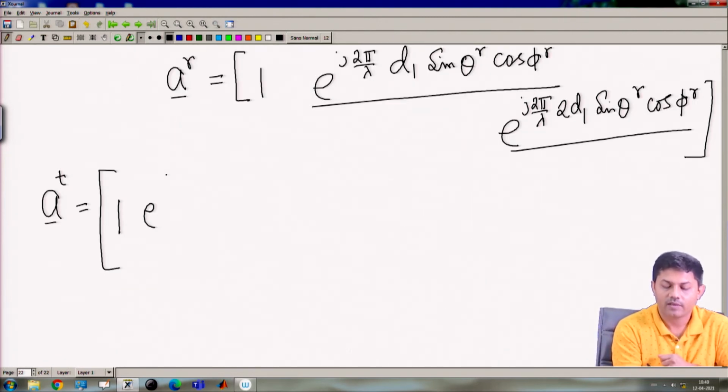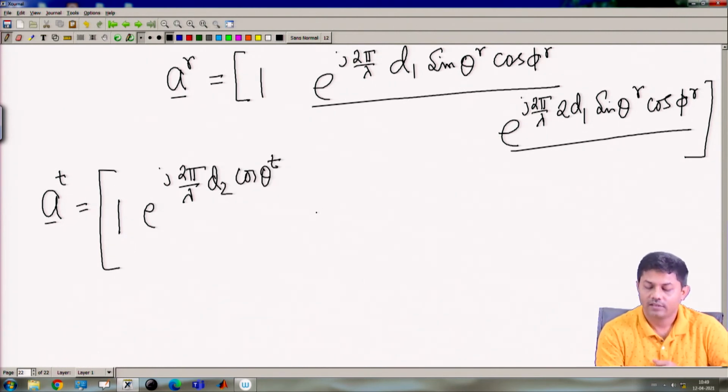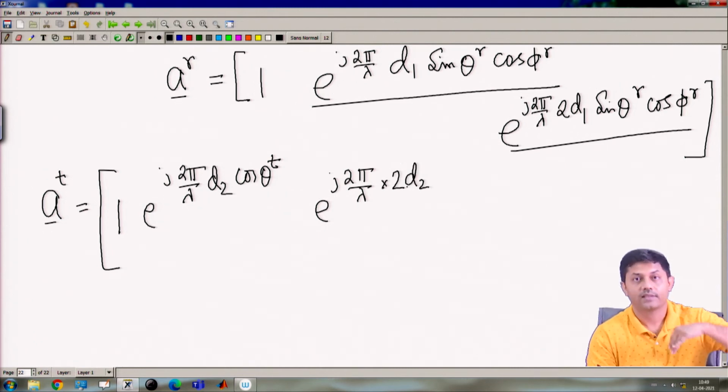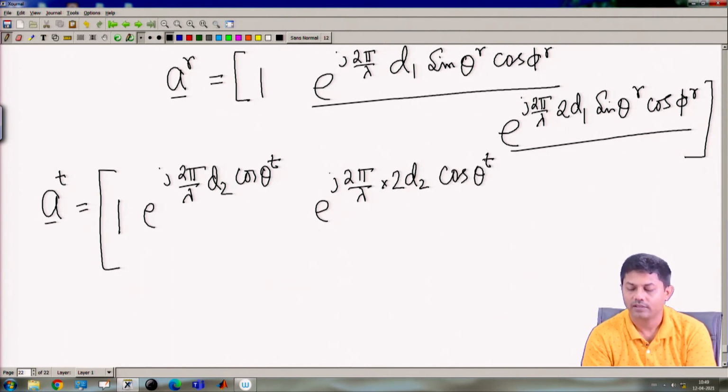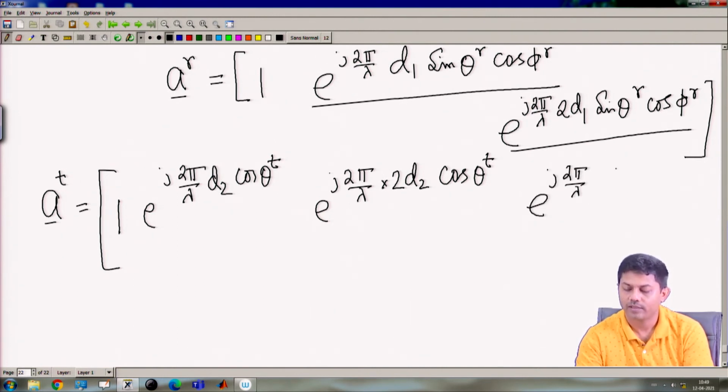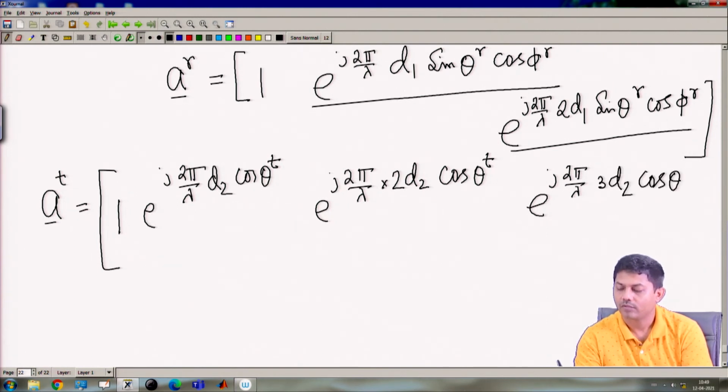So, 1, e to the power j 2 pi by lambda d2 cos theta t, e to the power j 2 pi by lambda into 2 d2, because it is the second antenna, so the coordinate is 0 0 2 d2, with cos theta t, then e to the power j 2 pi by lambda 3 d2 cos theta t.